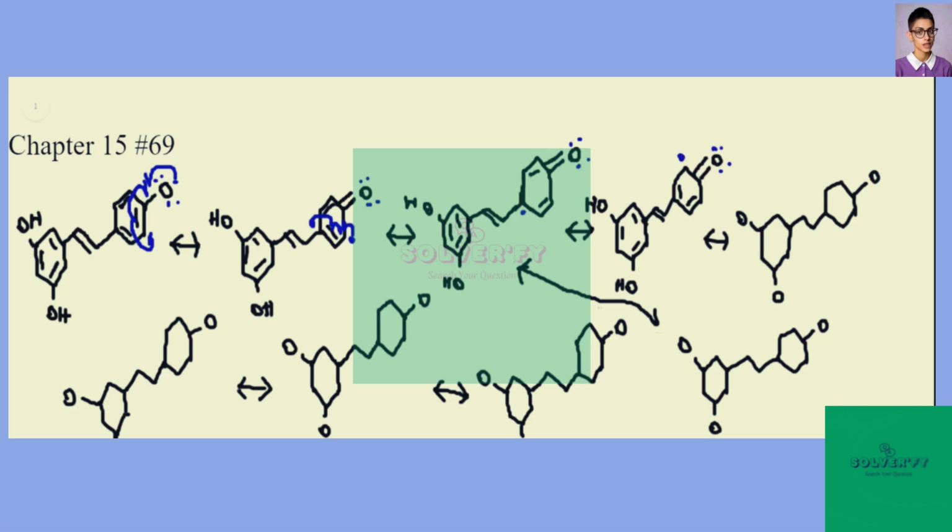So now our unpaired electron is here. Again, we can get there like this, just to show the movement of electrons. Okay, and then our last potential resonance structure without leaving this first ring is going to look like this.